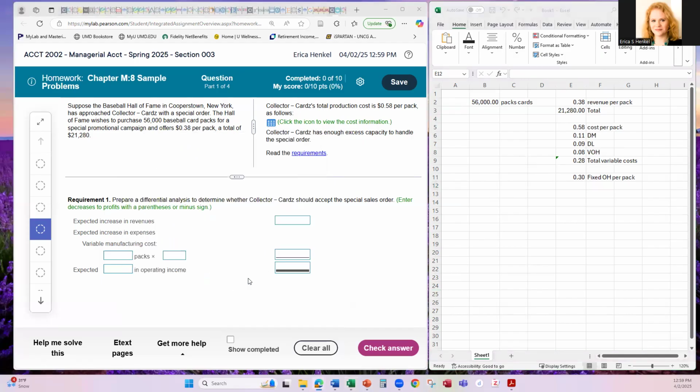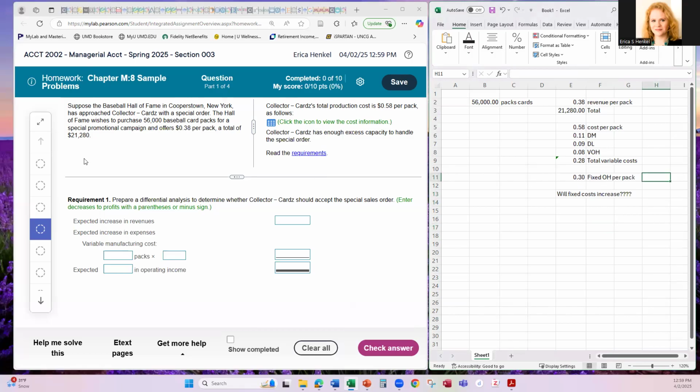So when they talked about this in the slides, they just mentioned that the increase in revenues exceeds the expected increase in variable and fixed costs. So the question then becomes, will fixed costs increase, right? Because if they will not increase, then we should not pay attention to them, right?